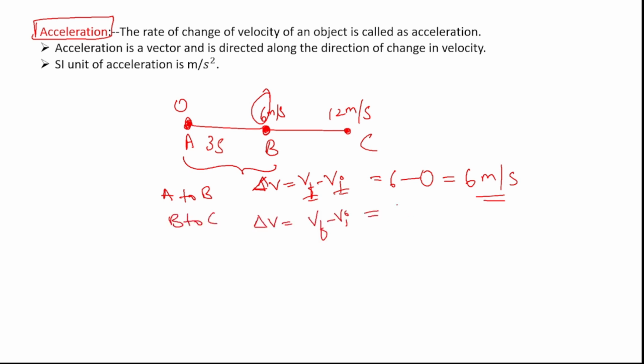If you want to find the change in velocity in case of B to C, then what will you do? Same, Vf minus Vi. So what is the final velocity? 12, right? At C the velocity of the car is 12.